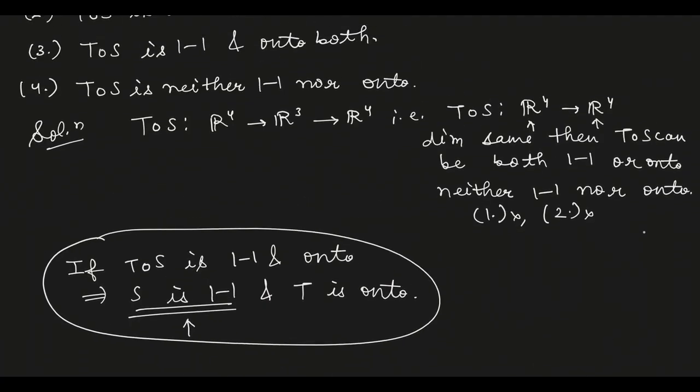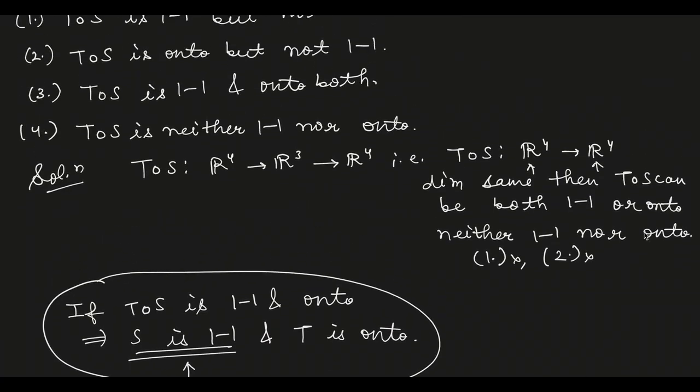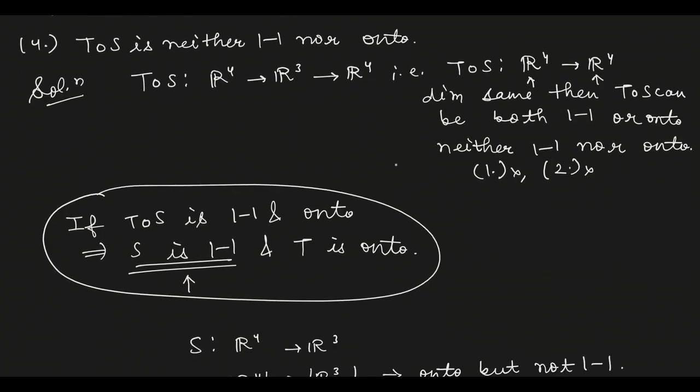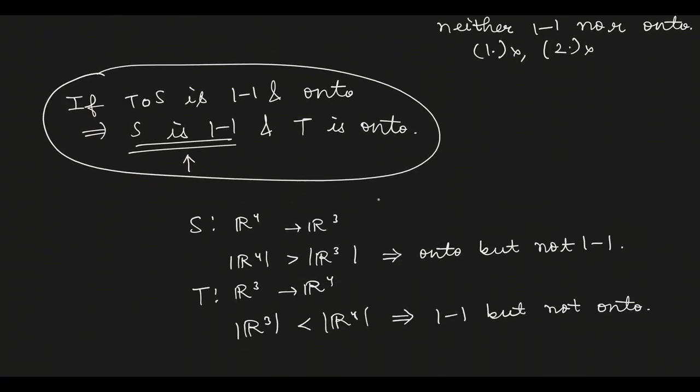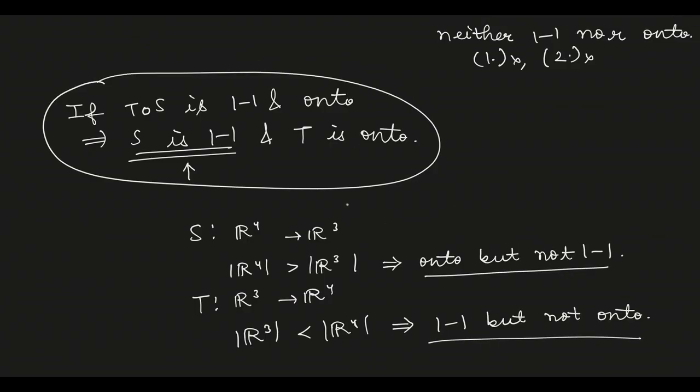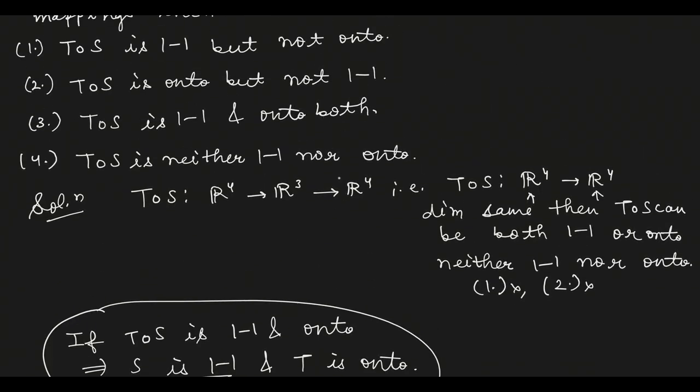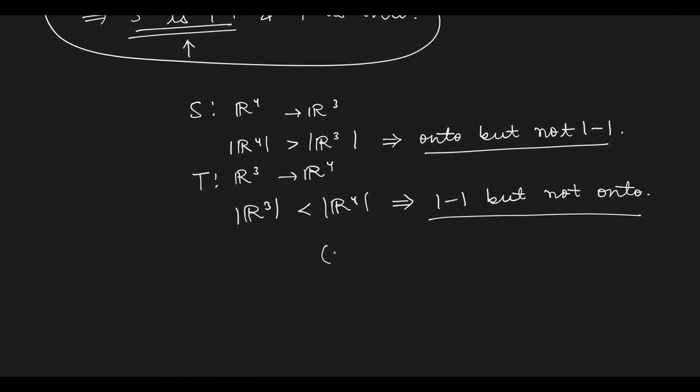And in part C it was saying that T composition S is 1 1 and onto both. So it is not possible, no? Because I am getting a contradiction. S is not 1 1 and T is not onto. So option 3 is also discarded. So the answer is option 4. Is this clear? Yes, ma'am.